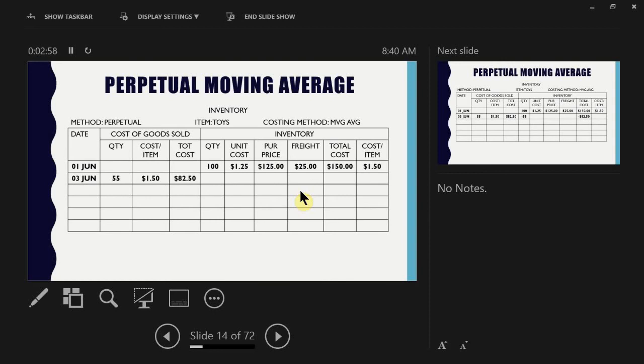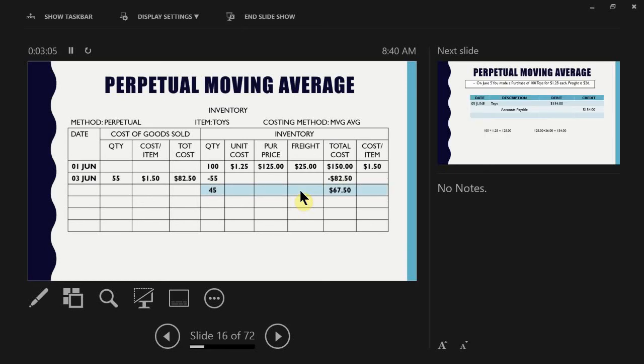It's the same. The only difference is once we start making our purchases, you'll see how different it gets. So now we have our first batch that we bought. We now have 45, right? And now it's costing me $67.50.